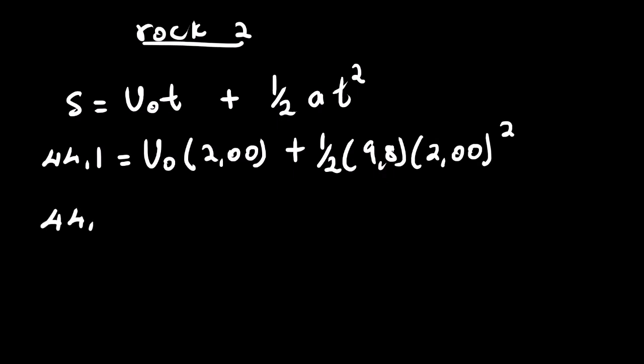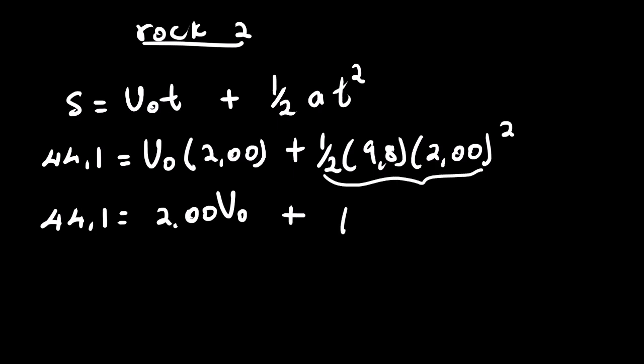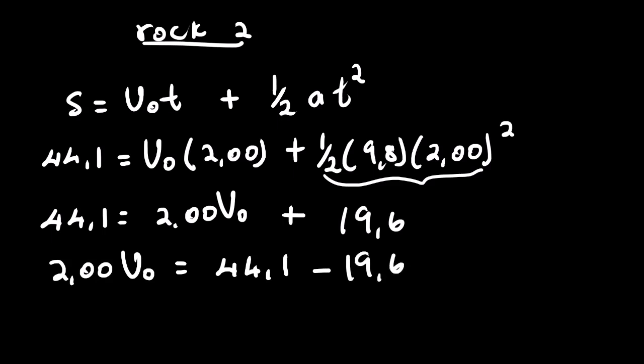So when you quickly solve for initial velocity, we have 2.00 initial velocity, and then when you punch this on the calculator, we have 19.6. Then we transpose the 19.6 to the other side, we have 2.00 V initial is equals to 44.1 minus 19.6. We divide both sides by 2.00.